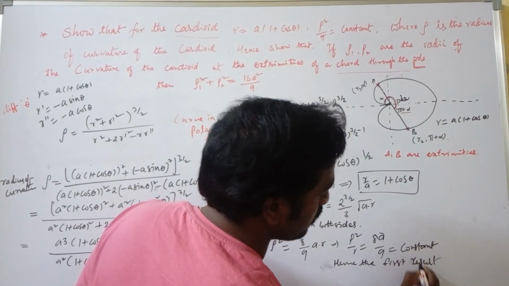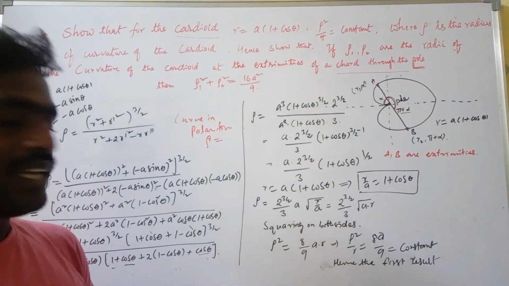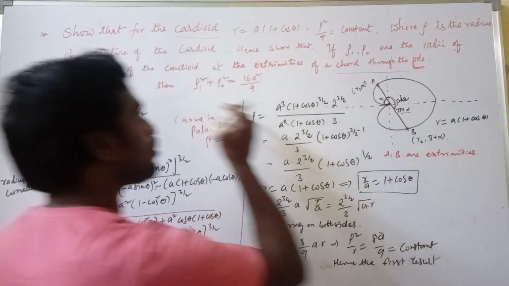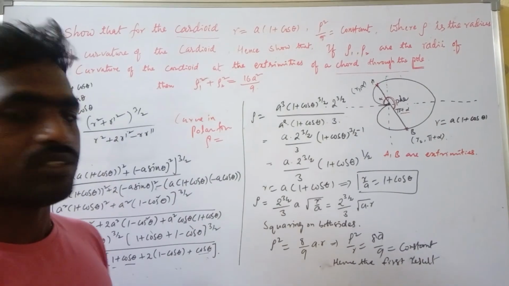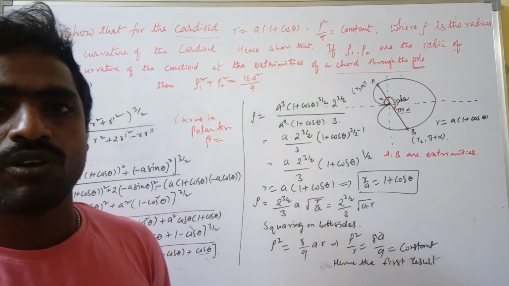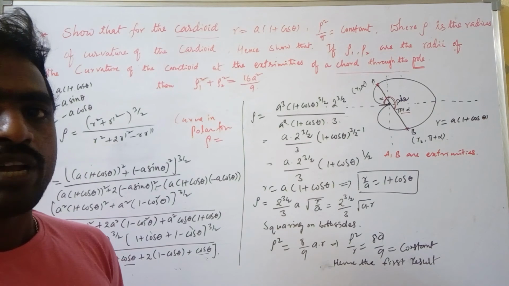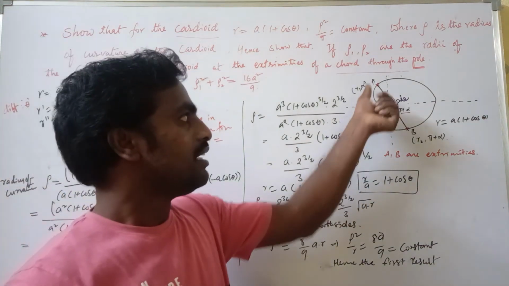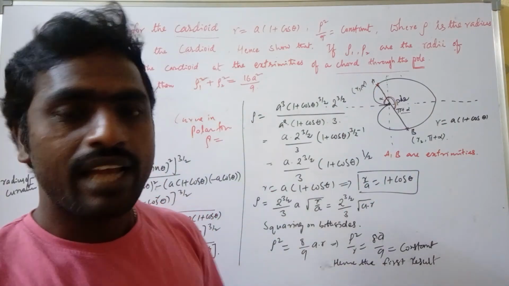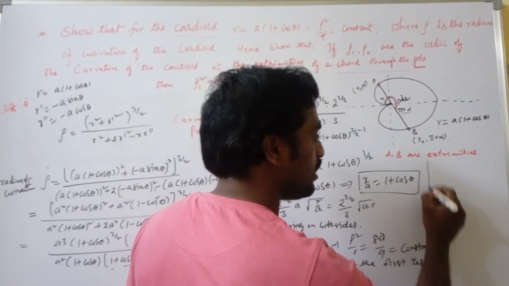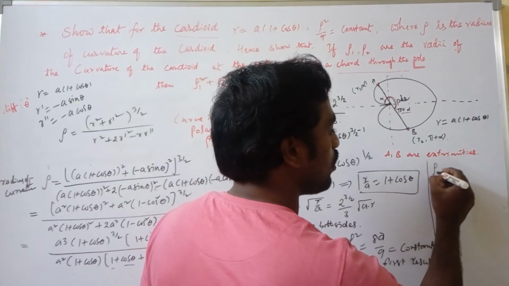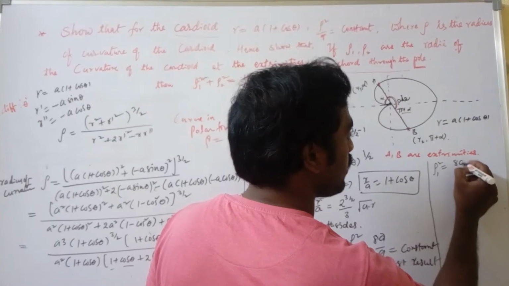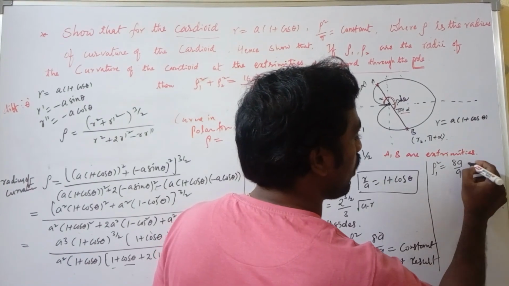Next, what is the second one? At extremity 1 and extremity 2, rho 1 square and rho 2 square are the radii of curvature. So rho 1 square plus rho 2 square equal to, you have to show, 16a square by 9. If you observe clearly, at extremity a, rho 1 square equal to 8a by 9 into r1.